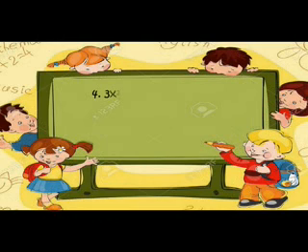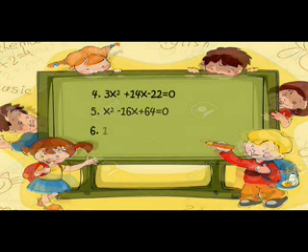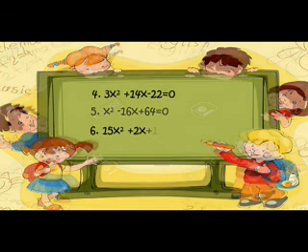Number 4, 3x squared plus 14x minus 22 is equal to 0. Number 5, x squared minus 16x plus 64 is equal to 0. Number 6, 15x squared plus 2x plus 16 is equal to 0.